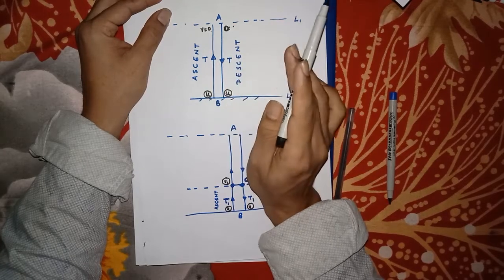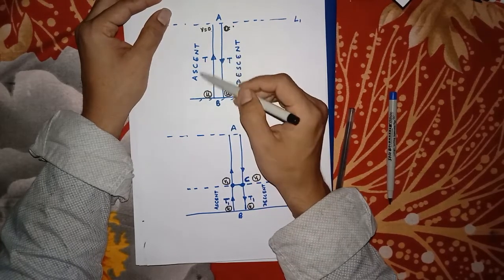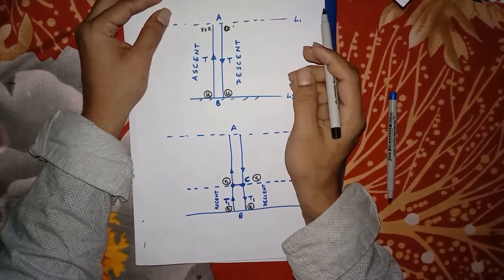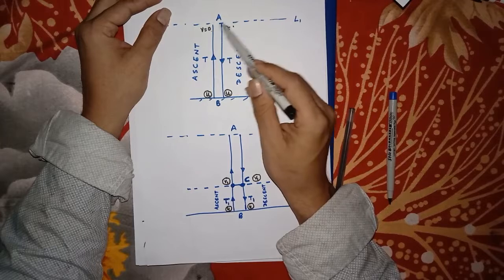Have you got my point? So it is ascent, it is descent. Time of ascent is the same as time of descent, and the speed is also the same at a particular point.